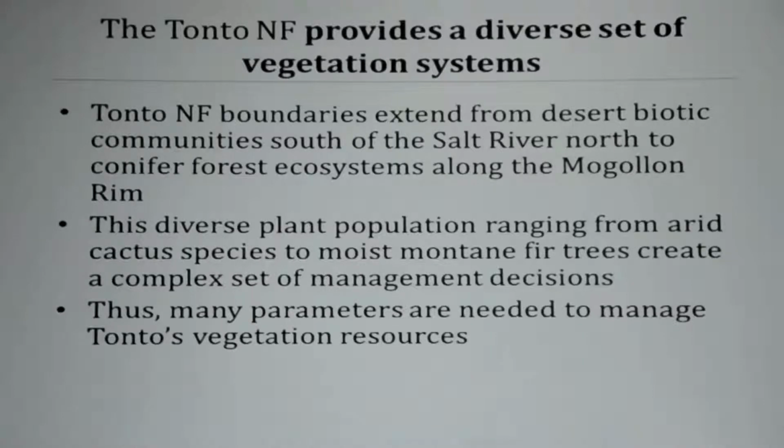As we've noted before, we have a tremendous amount of habitat differences with that kind of span of environment. So this diverse plant population creates a really complicated, complex decision-making process when it comes time to decide how we're going to manage those resources. So how do we do that?